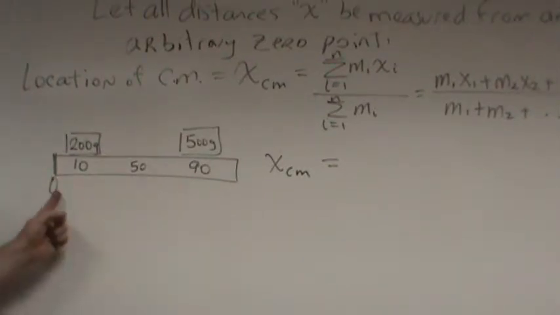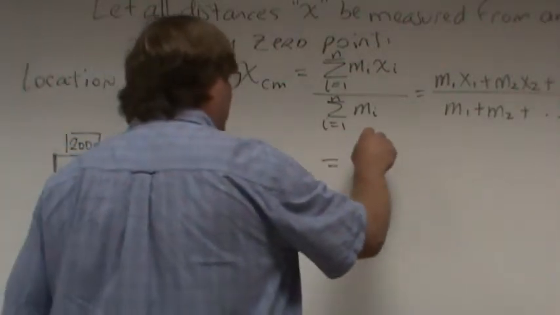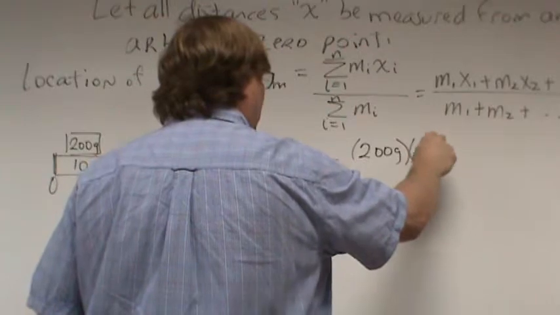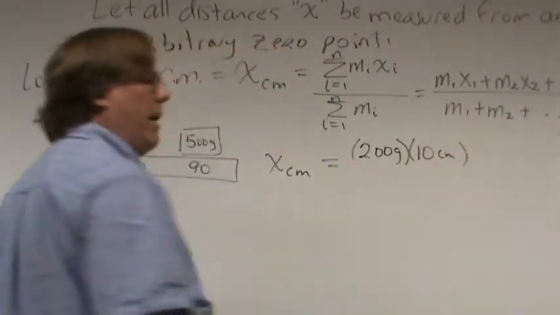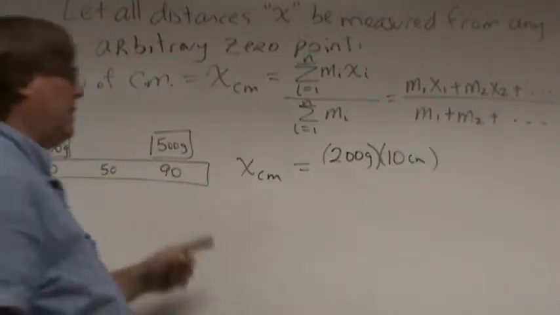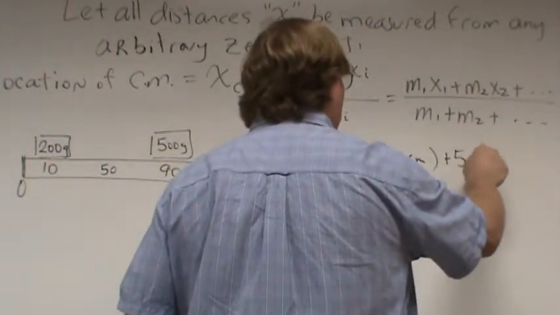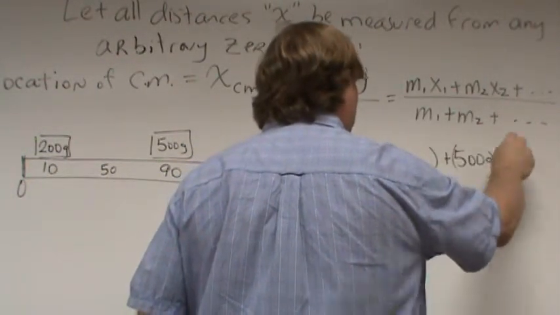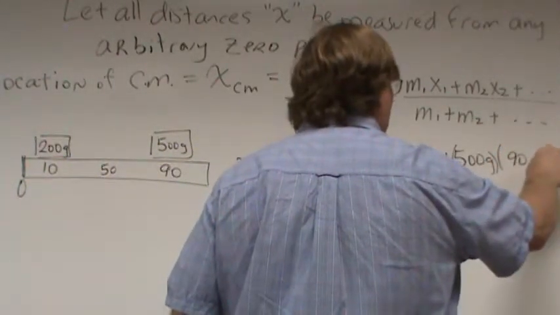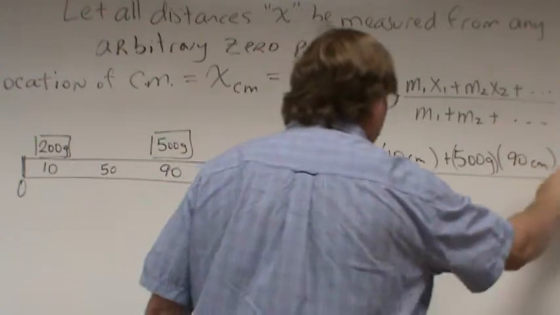I'm going to choose 0 as my arbitrary 0 point, so that the first mass, 200 grams, is 10 centimeters away from it, and the second mass, the 500 gram mass, is 90 centimeters away from the arbitrary 0 point.